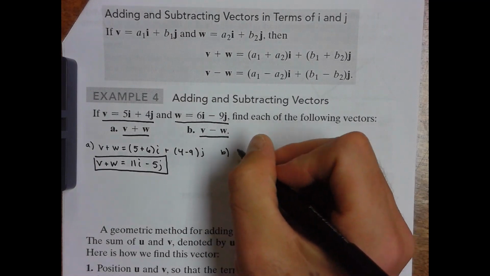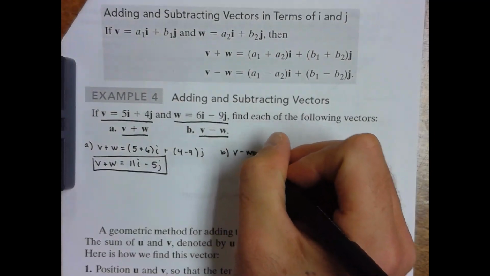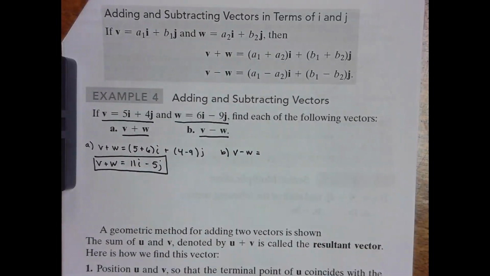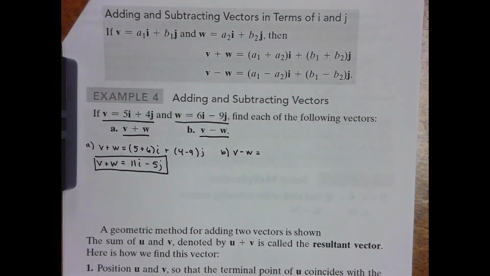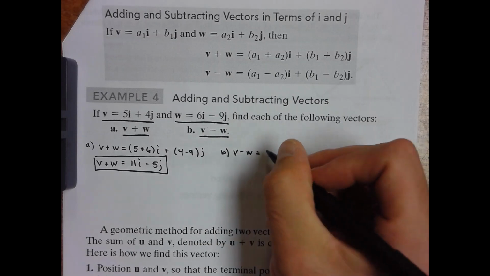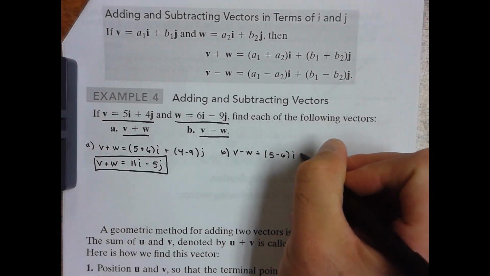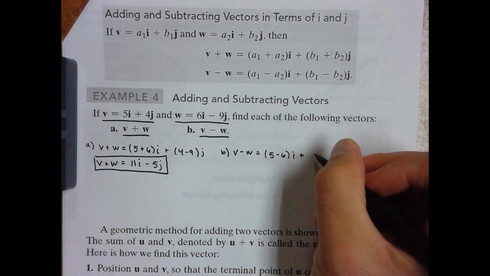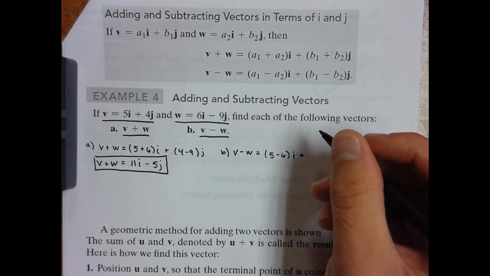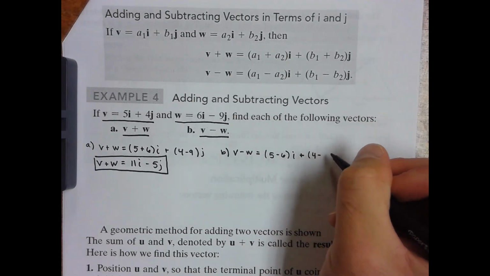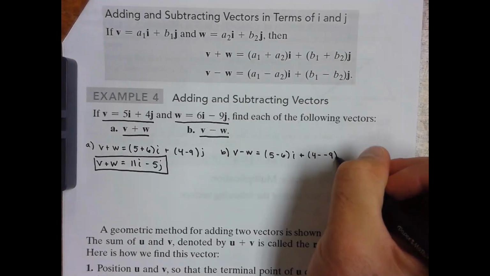Then v minus w, the exact same. We will take the horizontal component of v minus the horizontal component of w. So be careful, the order in which we do the subtraction does matter. So 5 minus 6i plus 4 minus negative 9j.